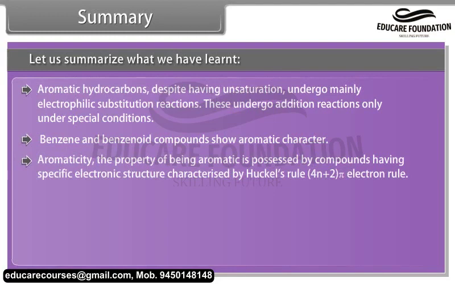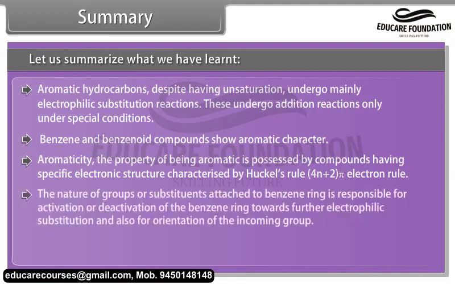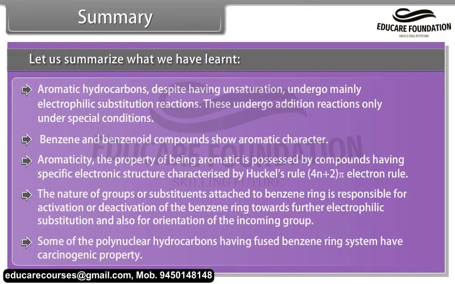Aromaticity, the property of being aromatic, is possessed by compounds having a specific electronic structure characterized by Huckel's rule, the 4n+2 pi electron rule. The nature of groups or substituents attached to the benzene ring is responsible for activation or deactivation of the benzene ring towards further electrophilic substitution and also for orientation of the incoming group. Some of the polynuclear hydrocarbons having fused benzene ring systems have carcinogenic properties.